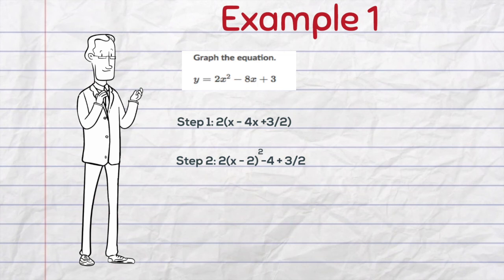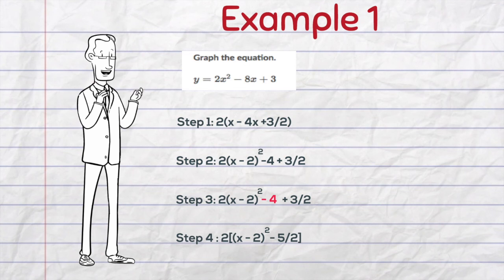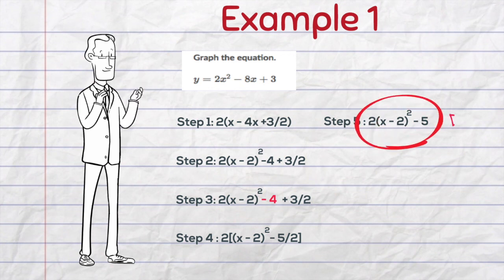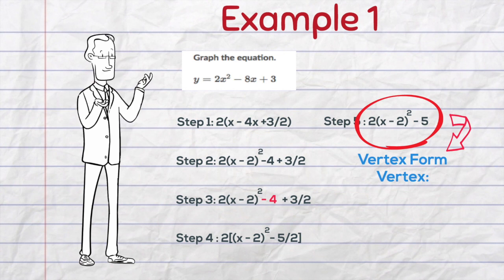Because we added 4 inside the equation, we need to subtract 4 outside the parentheses to balance it. Then we simplify and get 2 multiplied by parentheses x minus 2 squared plus 5 over 2. Then we distribute 2 inside the bracket and we get 2 times x minus 2 squared minus 5 as the vertex form.